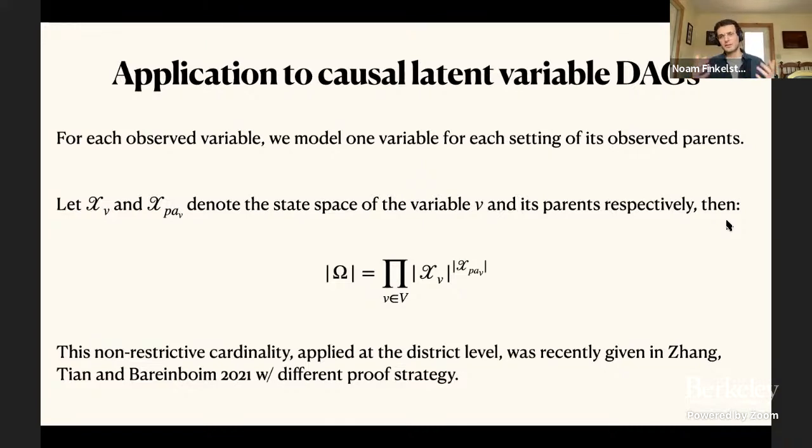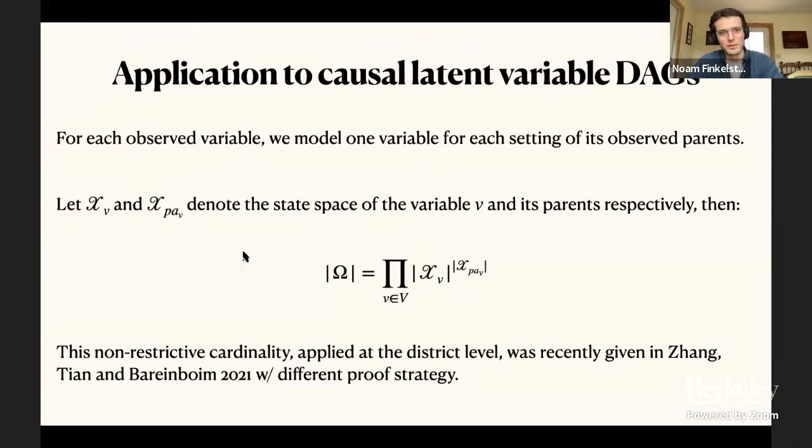So if we just extend the idea we just looked at to apply the same idea to causal latent variable DAGs in general. So for each observed variable in the DAG, we have to model one variable for every setting of its observed parents. These are the one step ahead counterfactuals.